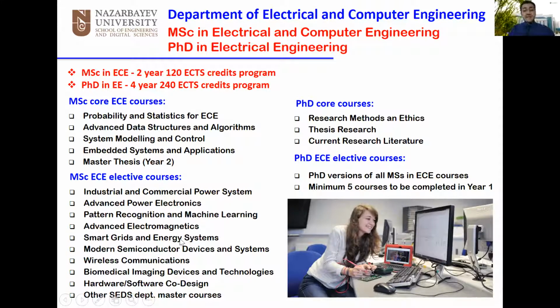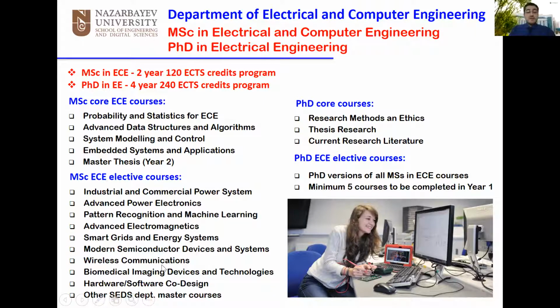So in terms of the elective courses for the master, we tried here to provide those electives which you are free to select, whatever is related to your master thesis. So: industrial and commercial power system, advanced power electronics, pattern recognition and machine learning, advanced electromagnetics, smart grids and energy systems, which you heard about, the smart grid, the smart cities. So these are something which we would discuss.